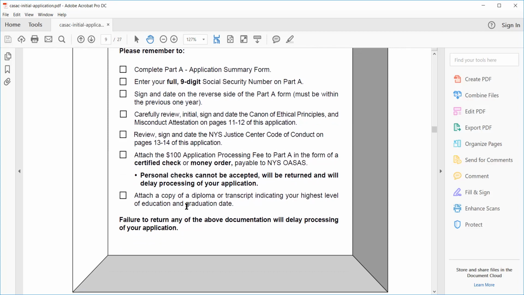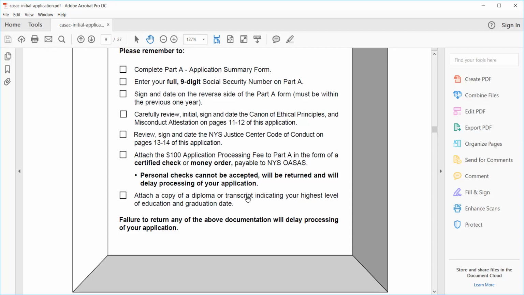If you get your 350-hour certificate and you still haven't gotten your diploma, you can go on and print out a copy of your transcript and send that in, as well as your 350-hour certificate from us, and OASAS will accept that.